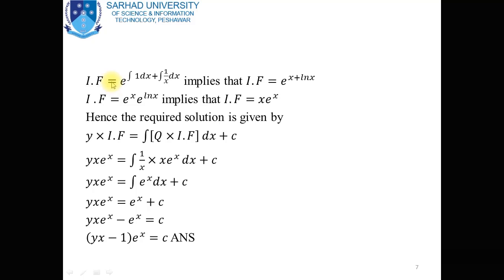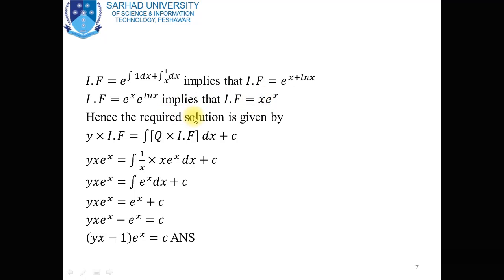Now integral factor is equal to e power integration of 1 over x dx, and this implies that the integration of 1 over x is log x. So the integral factor now can be written as e power natural log of x, and this implies x. So this is the integral factor.